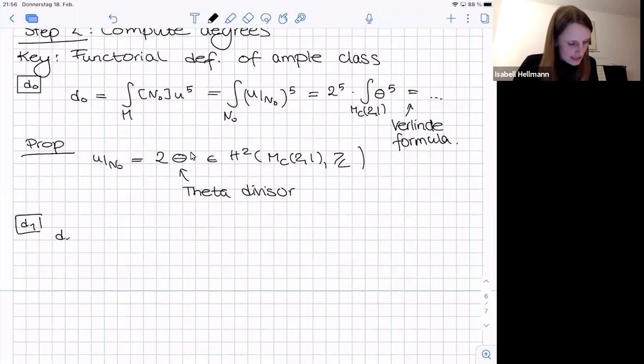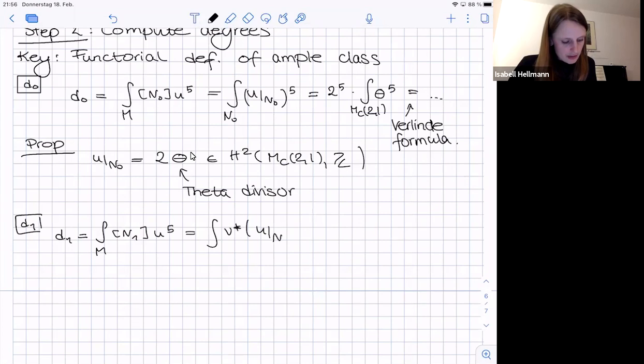All right, and so for d1, the story is the same. Now N1 itself is not smooth, so I don't want to restrict to N1, but I use this map nu I had above. I restrict to N1, pull it back, so it's a birational map. It doesn't change the degree, and then I have to find out what this pullback is, and I can do it because nu is given by some universal extensions.